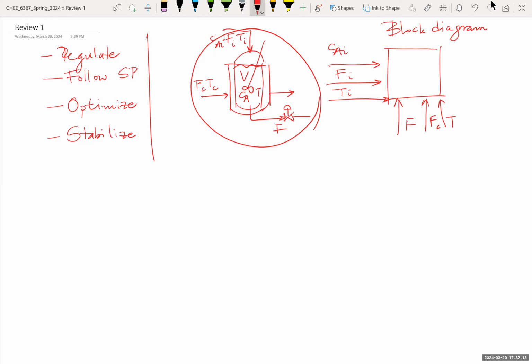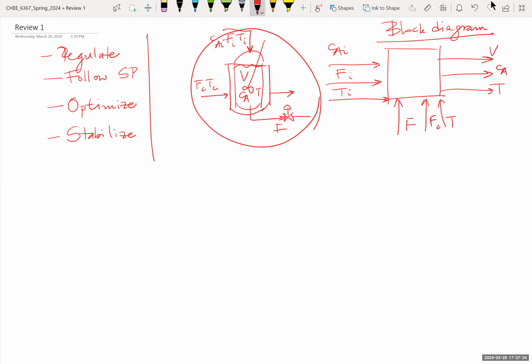All of these are input variables. The arrows here refer to signals. Okay, this is a block diagram, everything is a signal. In the same way, you may have outputs such as the volume in the vessel, the concentration of A in the vessel, the temperature in the vessel, and so forth.